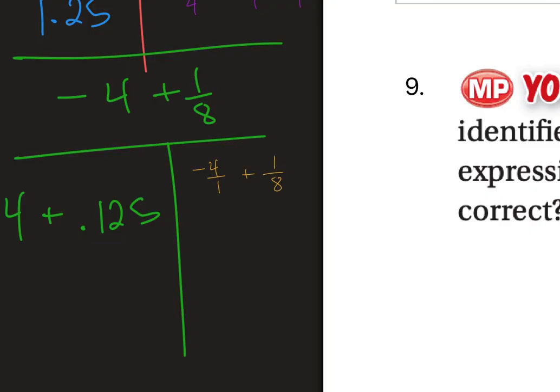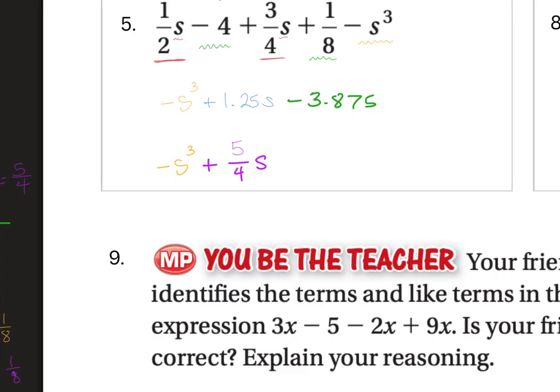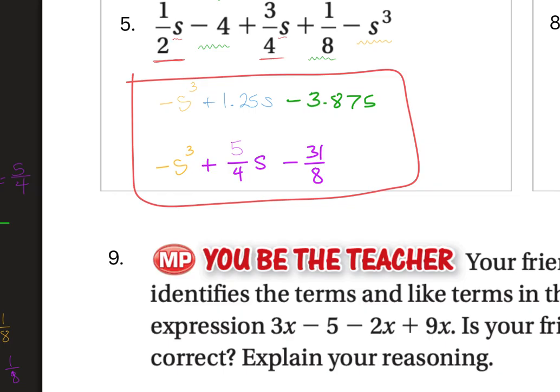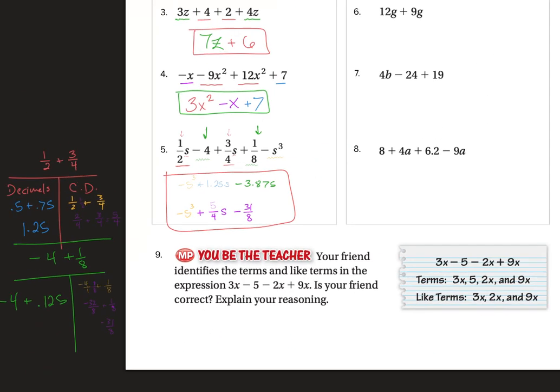Well, guess what? This multiplied by 8 over 8 to get -32/8 plus 1/8, which would be -31/8. Fun, huh? -31/8. These are both the correct answers. If you want to rewrite them in different ways, be my guest.